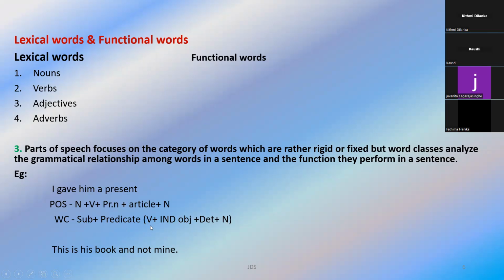Further, the predicate is getting divided, right? Gave becomes a verb. Him, indirect object. Gave what? A present. Therefore, direct object, you have the present. Gave whom? Him. So you have the indirect object. Then a determiner. And then the direct object, which is the noun.